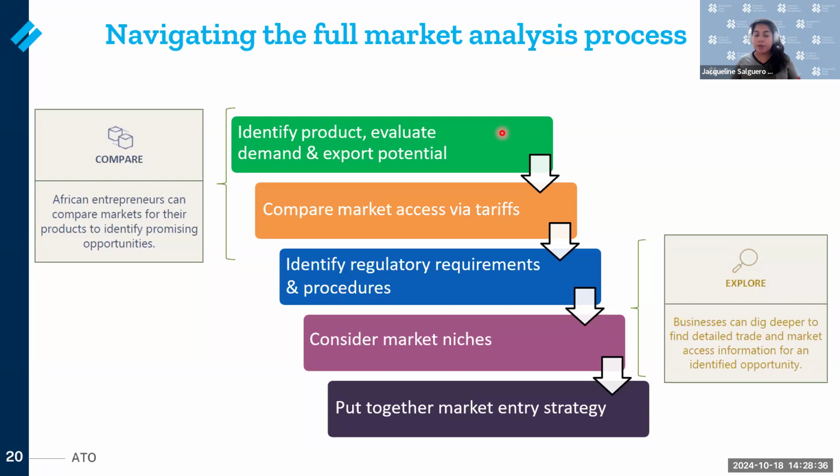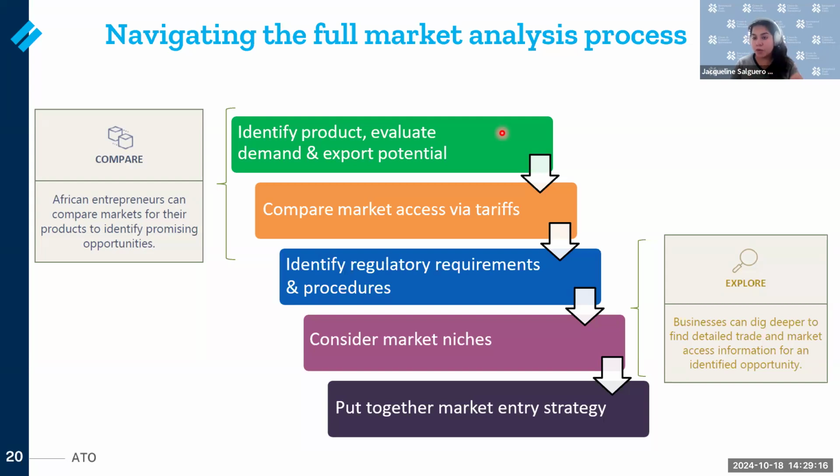We will need to identify first which is the interesting or attractive market for me by looking into specific indicators related to trade and market access conditions, in this case of market analysis. Then when I have identified my gift, let's say I decide to buy the flowers, I will need to check in detail whether the flowers are very perishable, whether they will last for 1 day, 2 days, 3 days, or whether they come with a powder, so something more specific related to the product that you have selected.